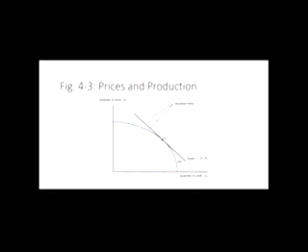Again, anything above that, let us say that we want to produce at point F. At point F, we are unable to produce. The value is more as compared to point Q, but that is beyond our production capacity. We do not have enough resources to produce at point F.